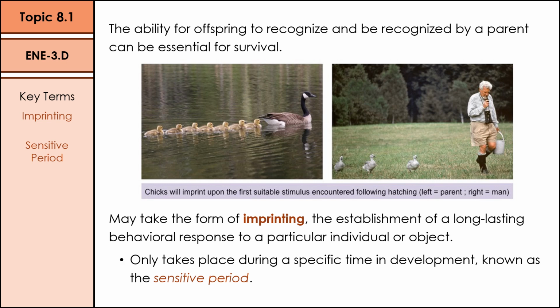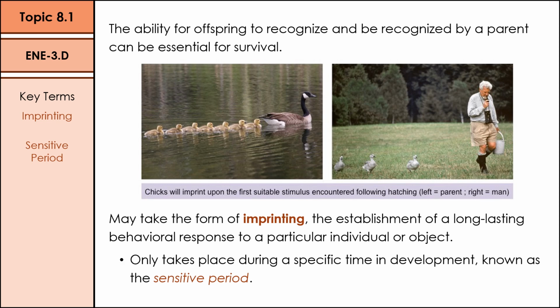We may not be able to survive on our own yet, and so being able to have an established figure to help us survive increases the likelihood that we are going to make it past day one. So imprinting is this idea that we have a response that is fixated on a particular individual.